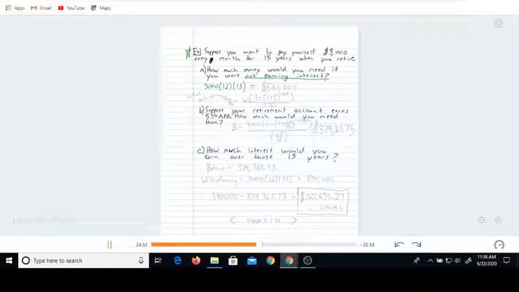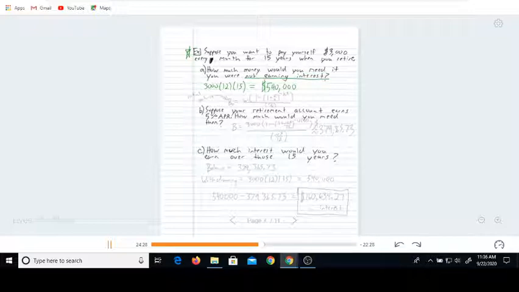So if you're not earning any interest, this is the amount you would need. $3,000 a month for 15 years. That's $540,000. That's a lot. All right, if you're not earning any interest, you need to have a checking account with $540,000 in it in order to pay yourself $3,000 a month for 15 years. All right. Well, that's a little bit ludicrous.